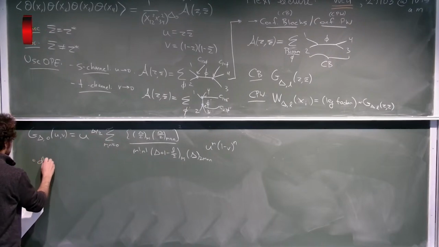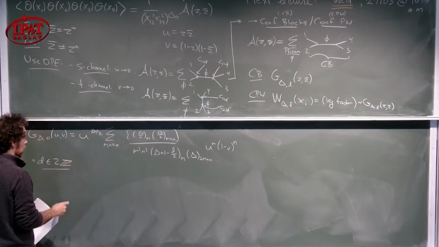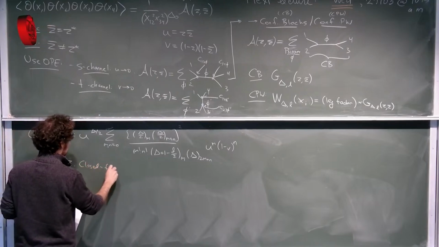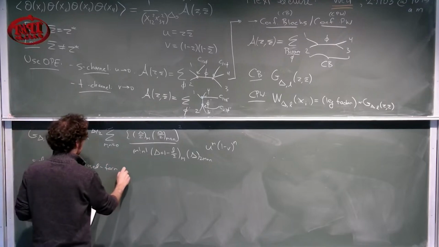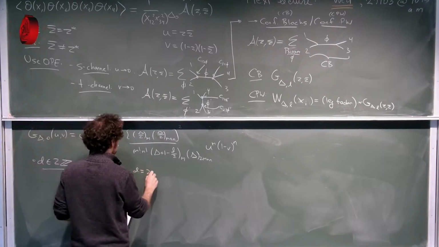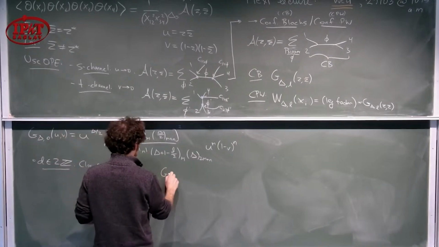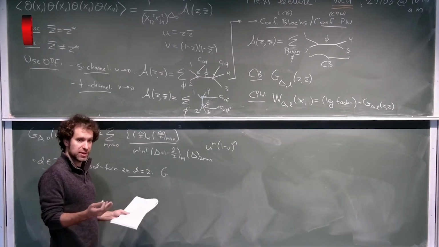Now, for d even, there are closed form expressions. In other words, the sum can be performed. For example, in 2 dimensions, we can write this as a product of 2F1 hypergeometric functions.